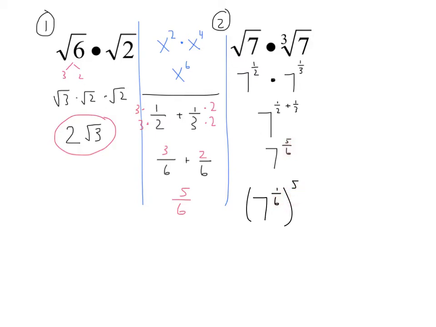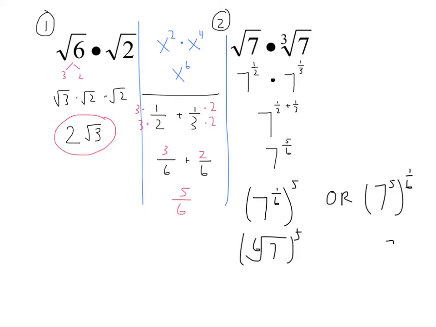So if we wanted to write this as a radical, what does this mean? This is the 6th root of 7 raised to the 5th power. Or, if we like, we could do it this way. We could write it as 7 to the 5th raised to the 1/6. And again, by the property of exponents, 5 times 1/6, we can multiply those. That's 5/6. And what does that mean if we write that with a radical?